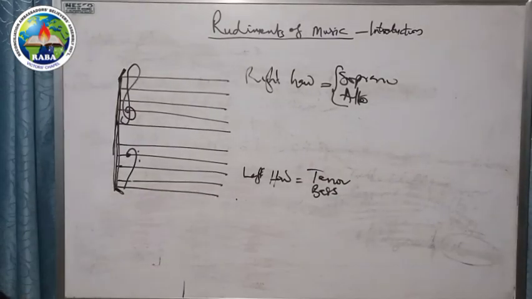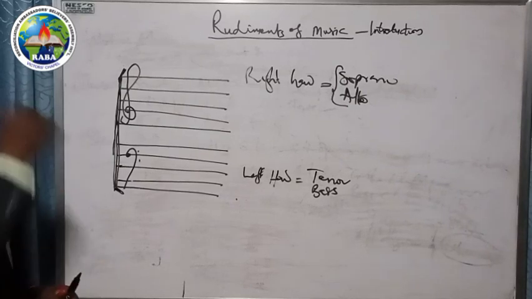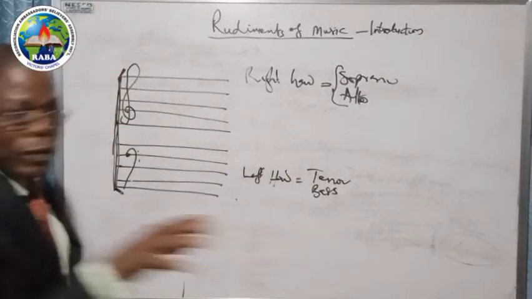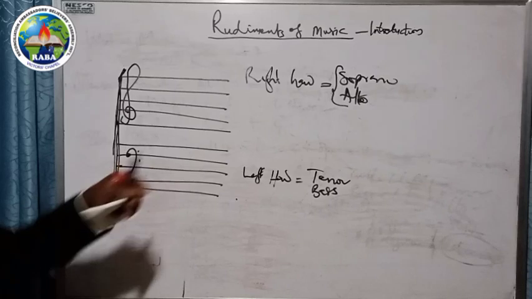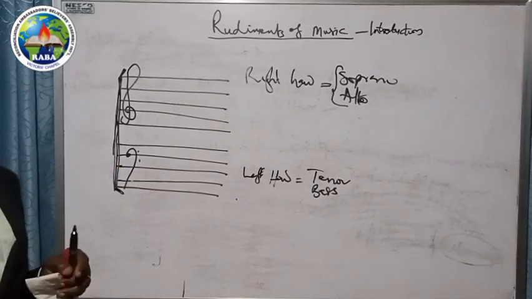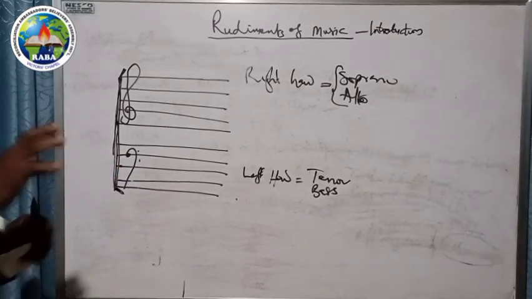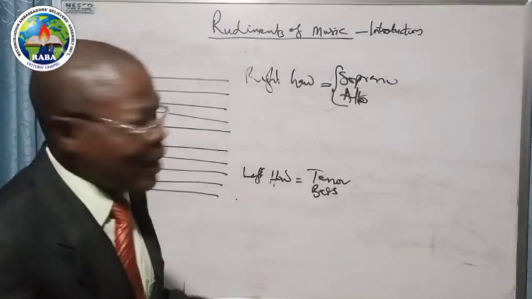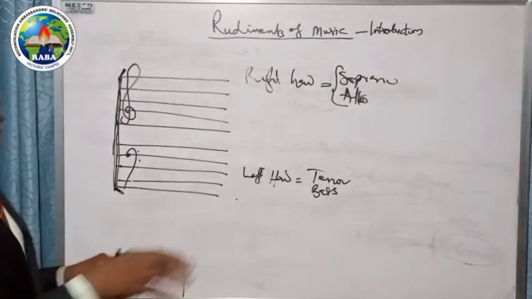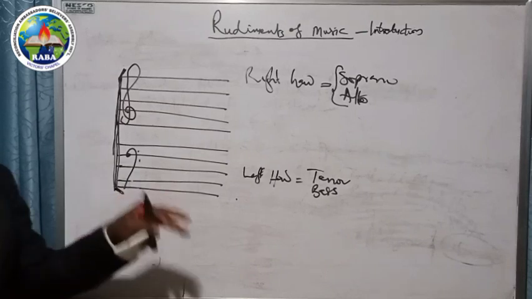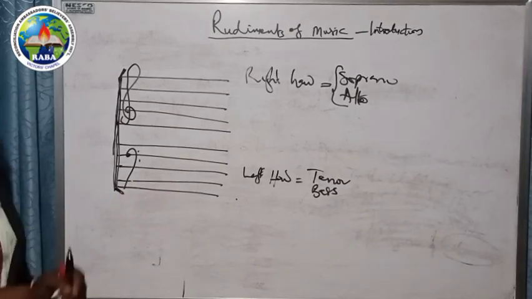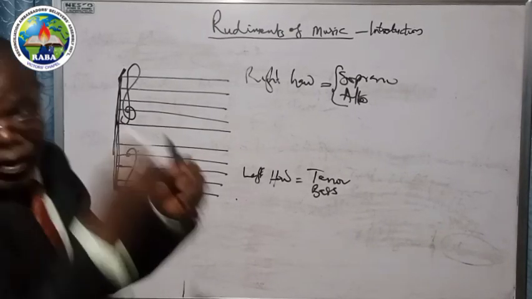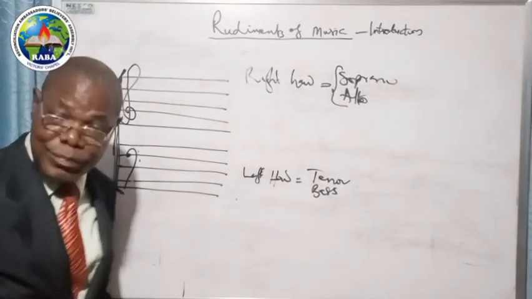Don't worry whether they are actually playing soprano and alto or tenor and bass, because it demands an act on itself for us to be able to play the soprano, alto, tenor, bass accurately at the same time. I'm not saying you should start, and you cannot even start except you have been doing it before.